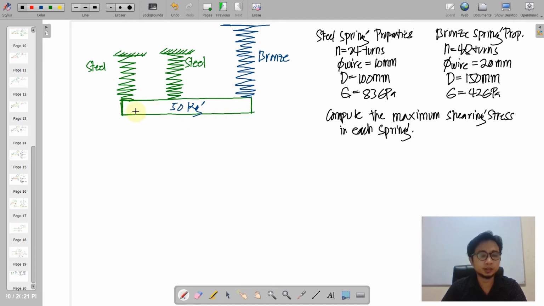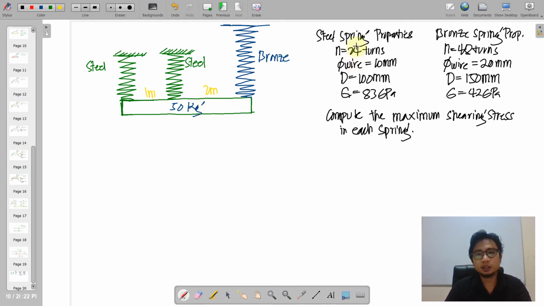By the way, this is a condition where the 50 kilogram is not yet applied. So this is a condition where the 50 kilogram is about to be released. Okay, so of course we need to have conditions or distances here. So let us place the distances 1 meter and 2 meter. That is according to the problem.